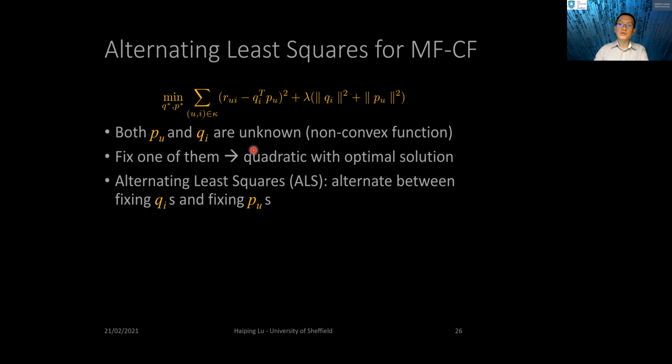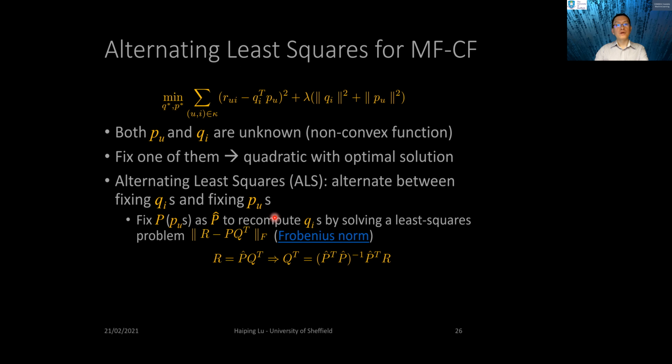The solution is to alternate between fixing Q and solving for P, and fixing P and solving for Q. For example, we can start with fixing the user factors as P hat, and recompute the item factors by solving a least squares problem like this.